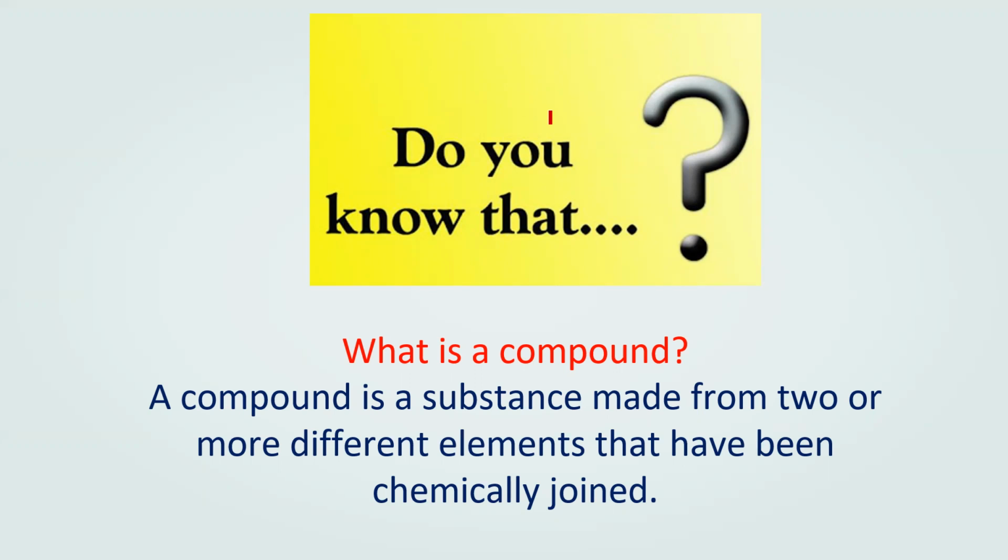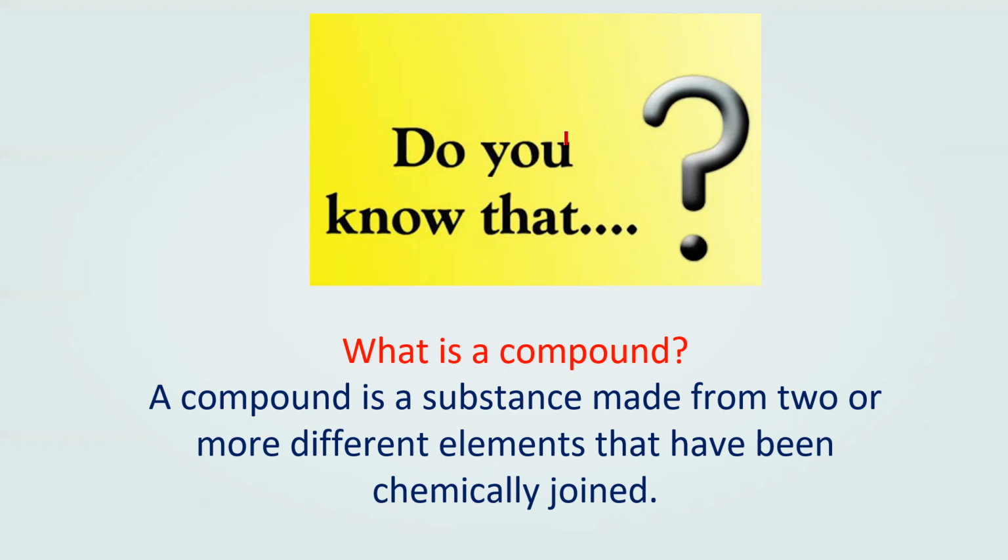An element is a substance that is only made up of one kind of atom, whereas a compound is a substance that is made up of two or more different kinds of atoms. And all the atoms are joined chemically. This is necessary.